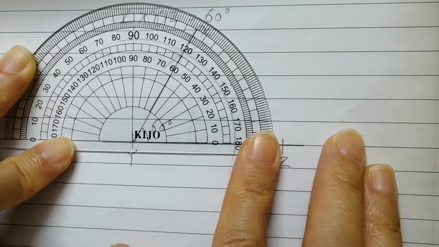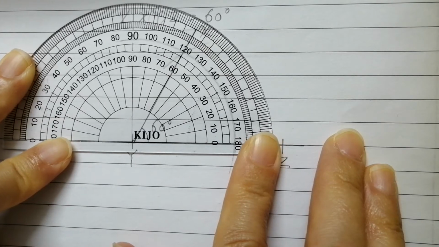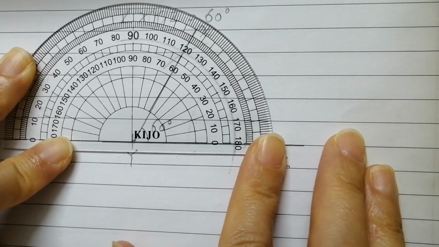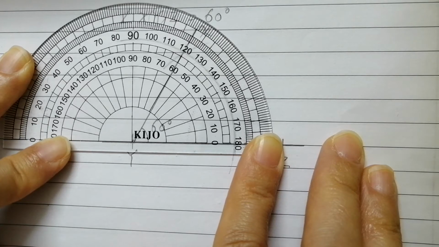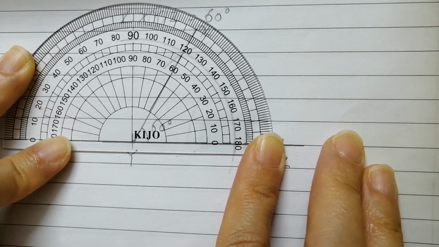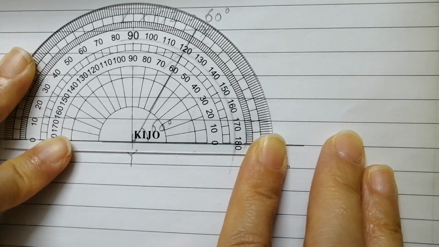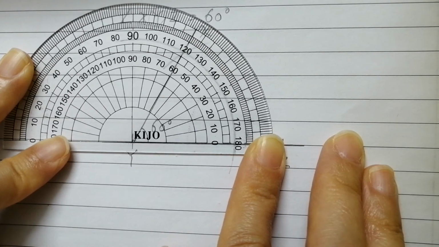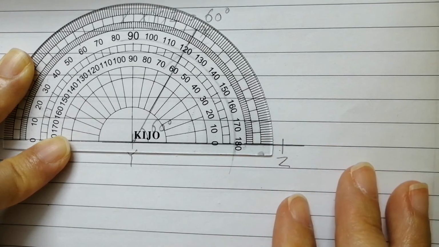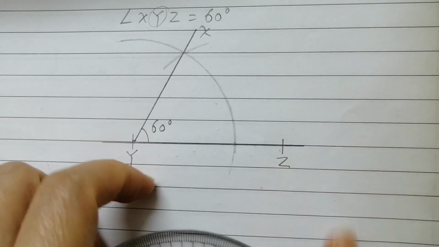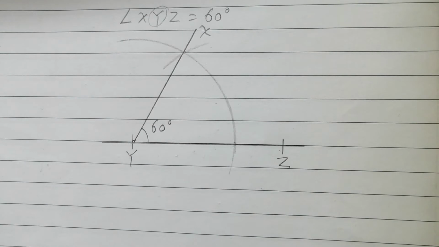So as you can see, it's 60 degrees. So this is how we draw angle 60 degrees.